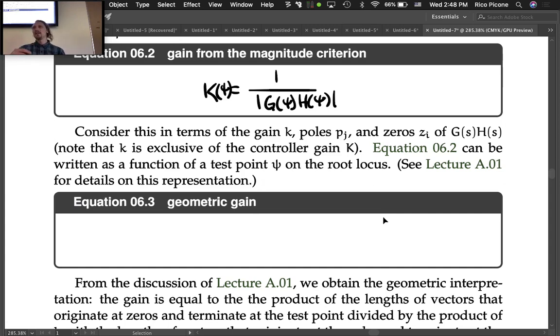And then there's also that open loop gain factor in there.